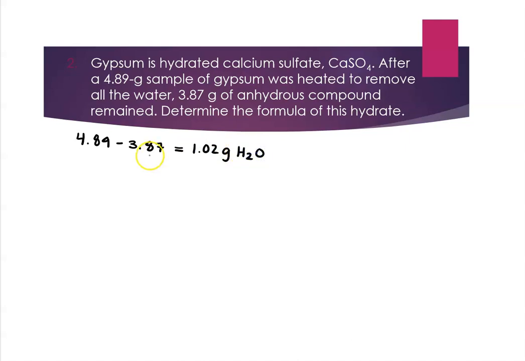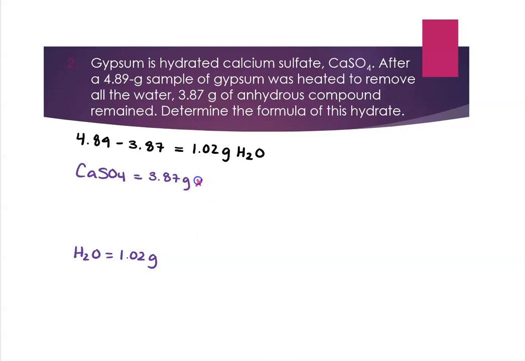So I have 3.87 grams of compound and 1.02 grams of water. So that's what I'm going to use to find the formula of my hydrate. So CaSO4, I have 3.87 grams, and the water, I have 1.02 grams.